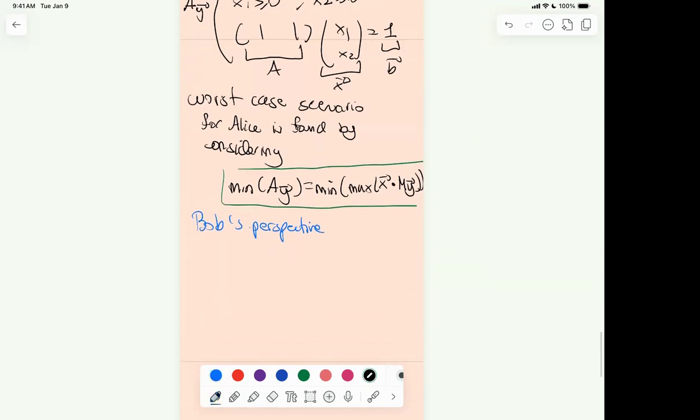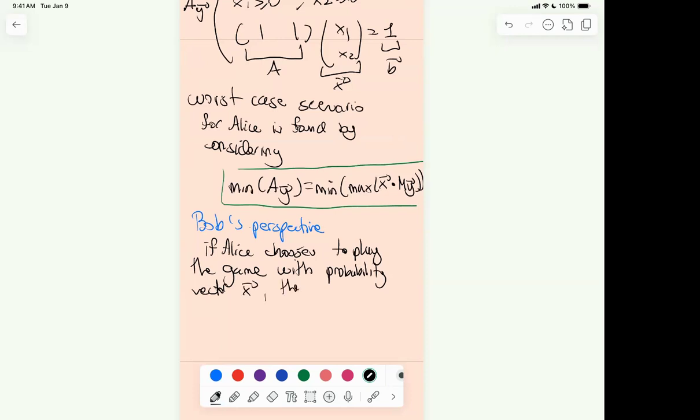So if Alice chooses to play the game with probability vector X, then Bob is trying to minimize her gain.